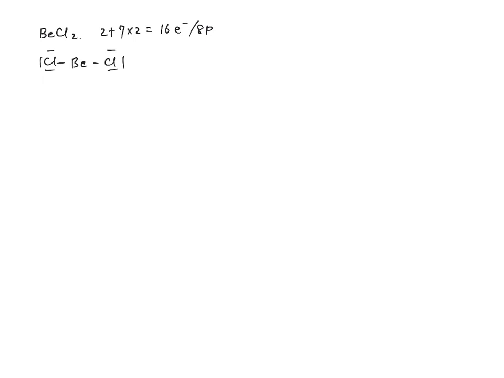Think about the exceptions to the octet that we talked about in the Lewis structure part. Beryllium needs only 4 electrons.